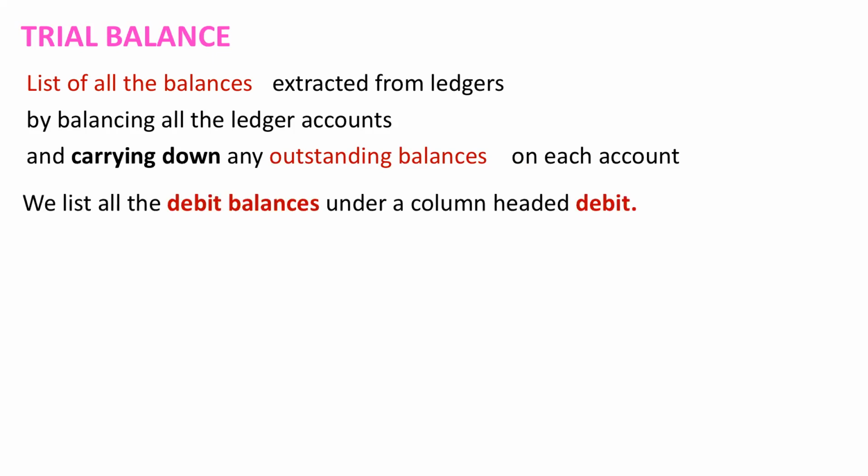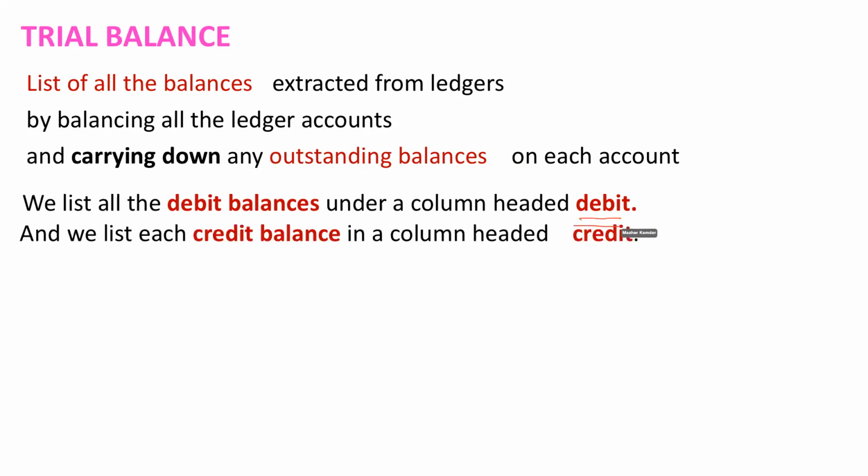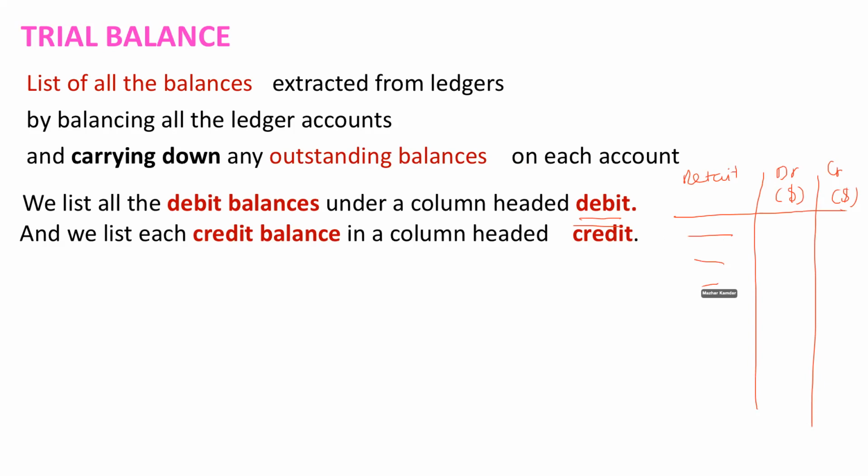We list all the debit balances under a column called debit, and all the credit balances under a column called credit. So we have a debit dollar column and a credit dollar column, and the details have the names of all the accounts.